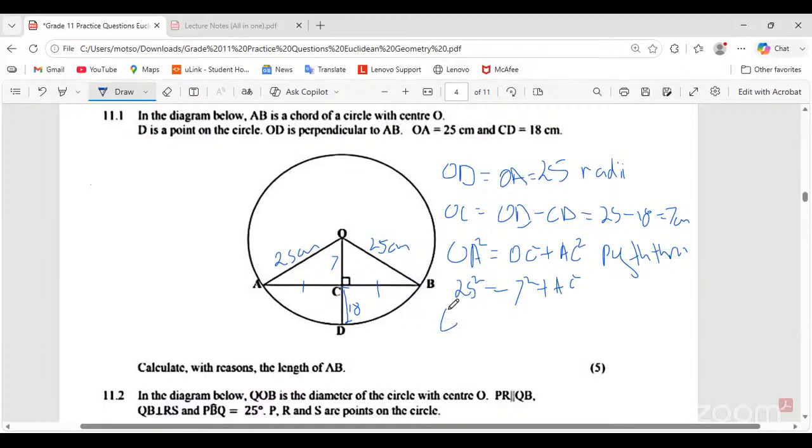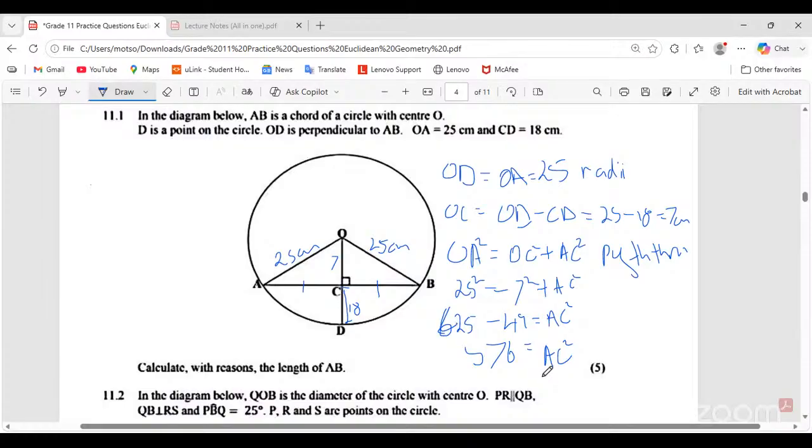Now 25 squared is 625. 625 minus 49, which is 7 squared, is equal to AC squared. Now I get 576. 576 is equal to AC squared.